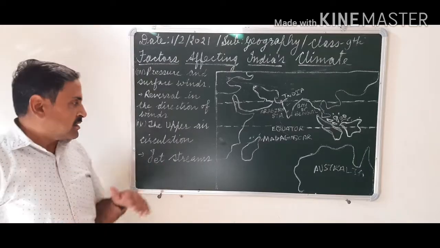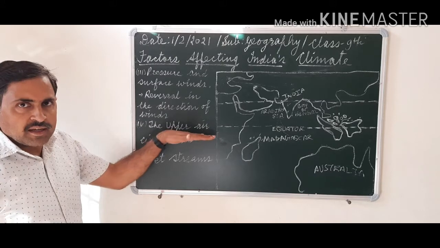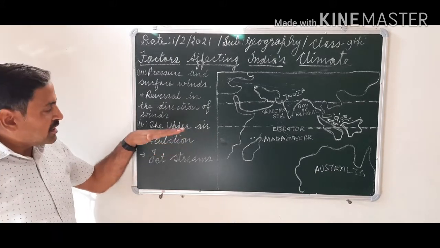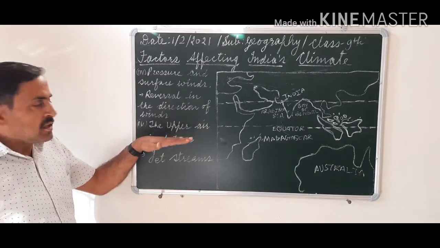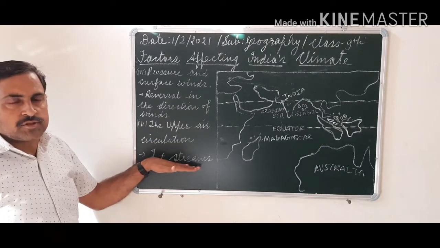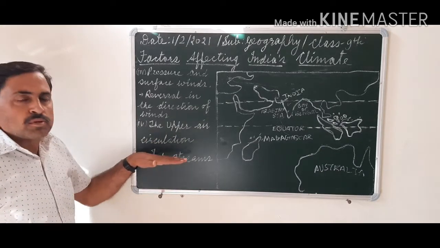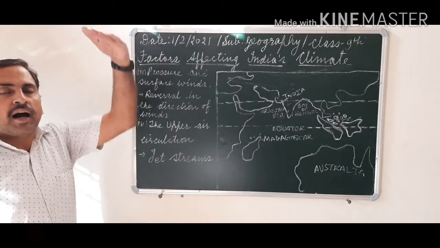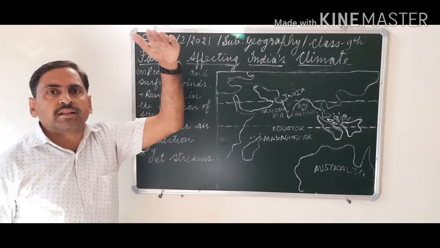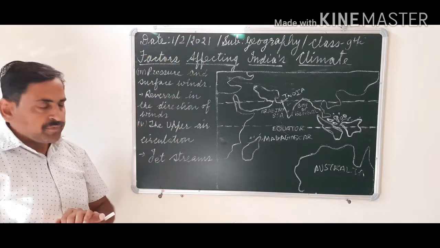Next, the upper air circulation. The upper air circulation includes jet streams. Jet streams blow over a height of about 12,000 meters.